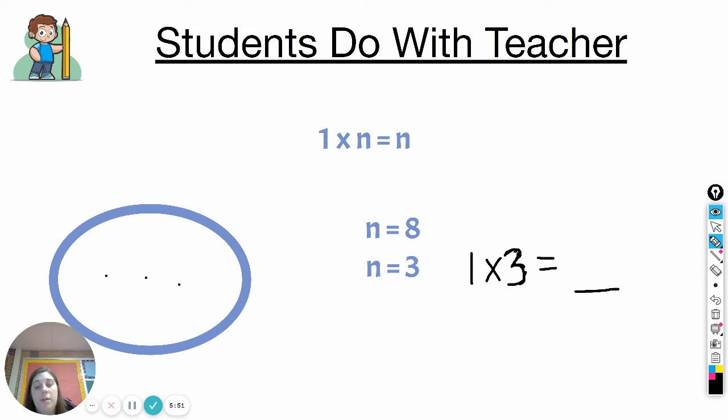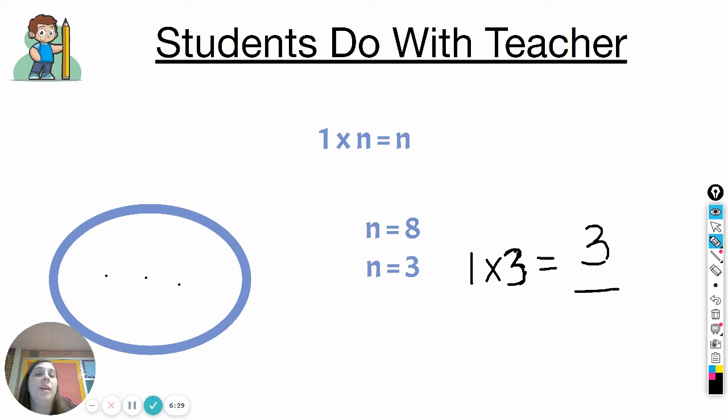Solve that on your whiteboard. You should have said 1 times 3 equals 3.